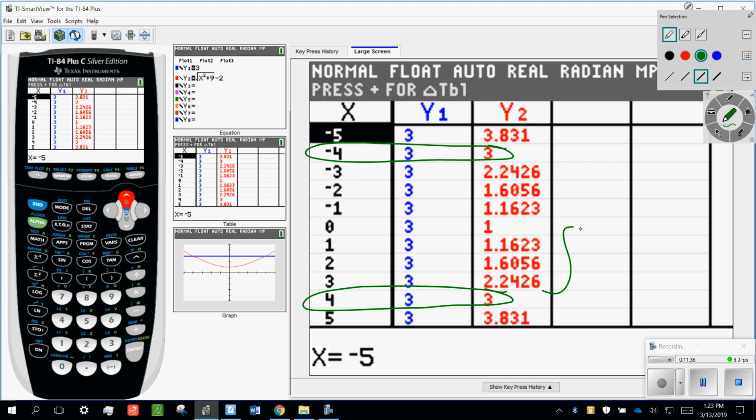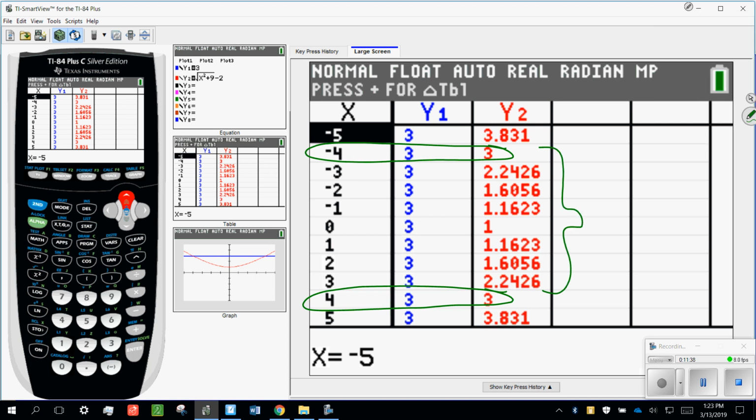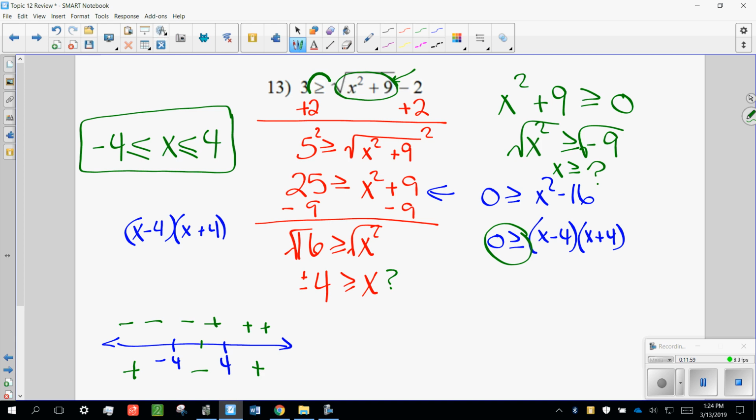And then in between, it's not my best work, in between there is where my y values will be less than 3. And so my solutions for x is from negative 4 to positive 4, but not including negative 4 or positive 4. Wait, yes, including. Yeah, including them because it could equal 3.